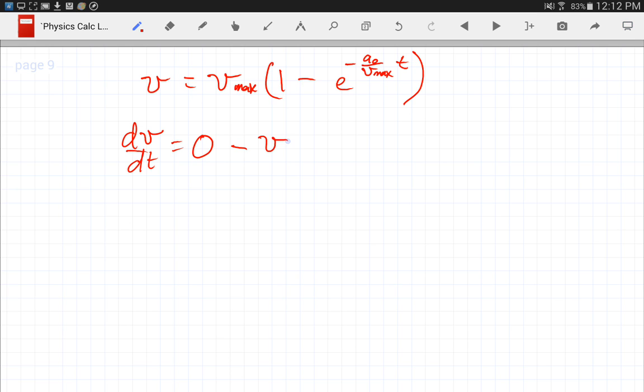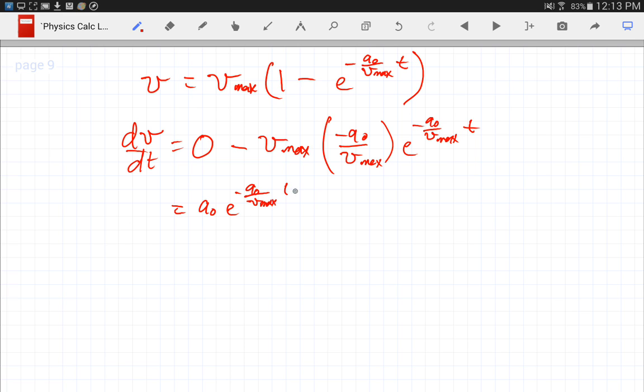And then I'm going to have minus Vmax times, and I have to just bring down the derivative of the exponent, so that's minus, and so I have minus and a minus makes it a plus. And so there's my acceleration as a function of time.